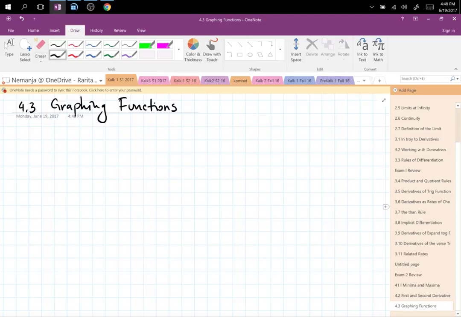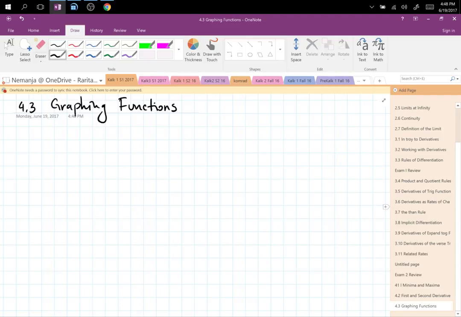We want to know how to graph sine x divided by x squared and things like that. So, functions that are obtained by function composition and other crazy things. So let's dive into it.